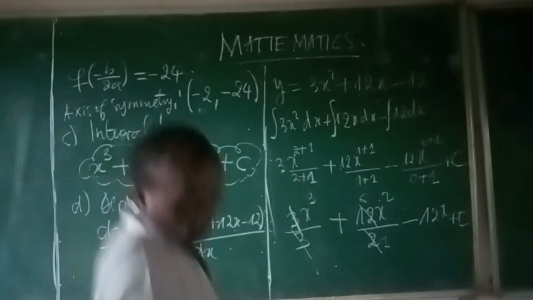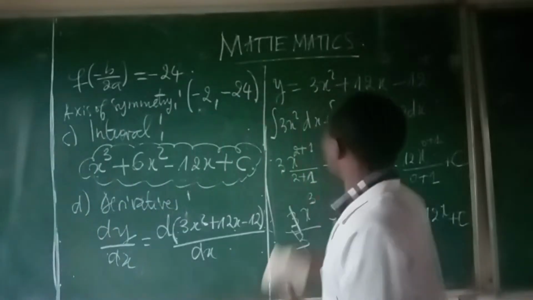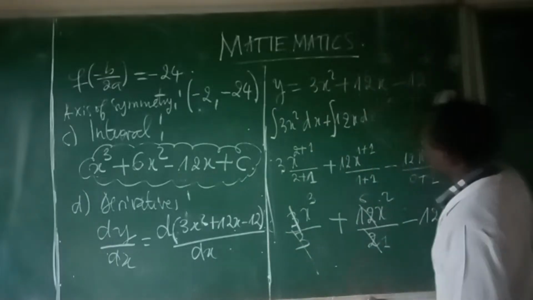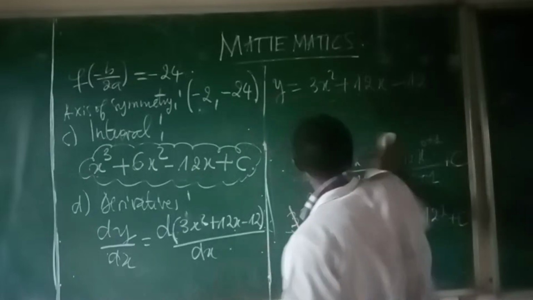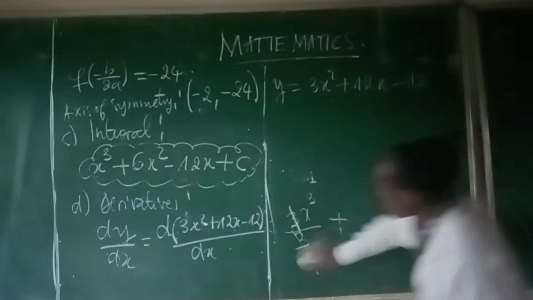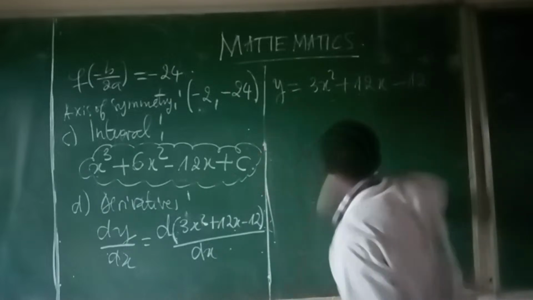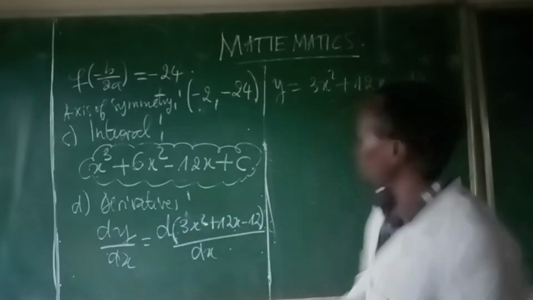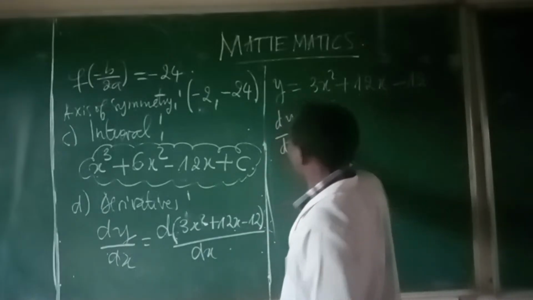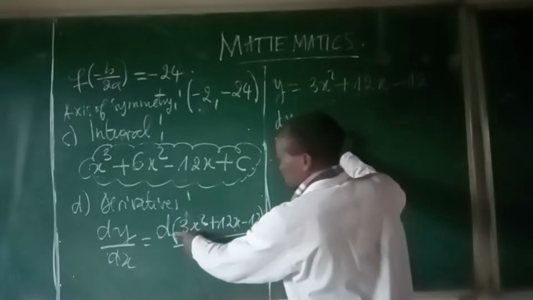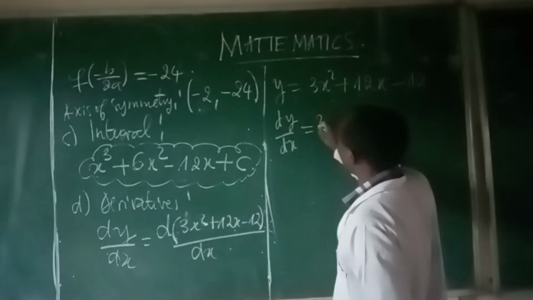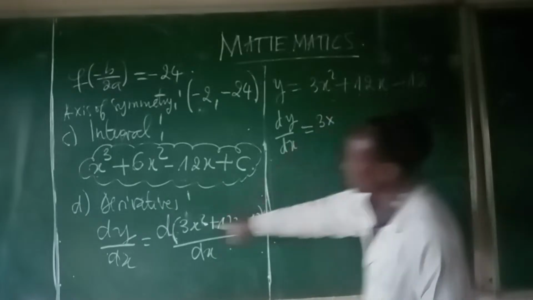So now let's clean this one. Where we should have dy over dx, it will be the derivative of this number, 3 times x power n.